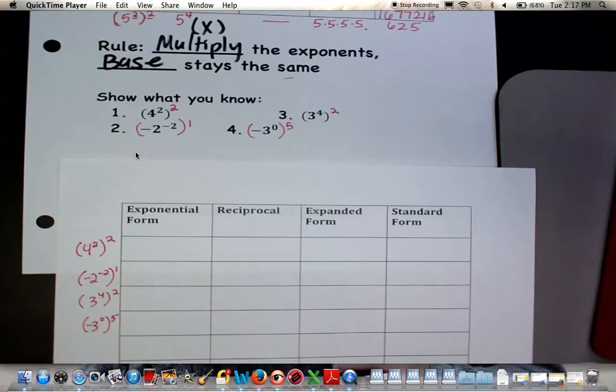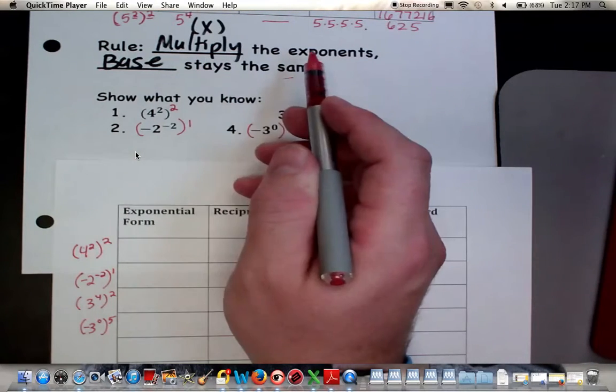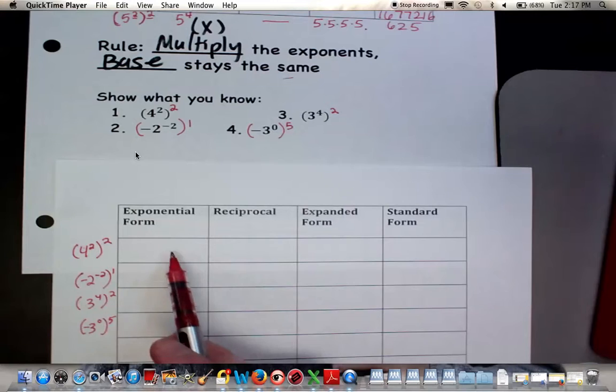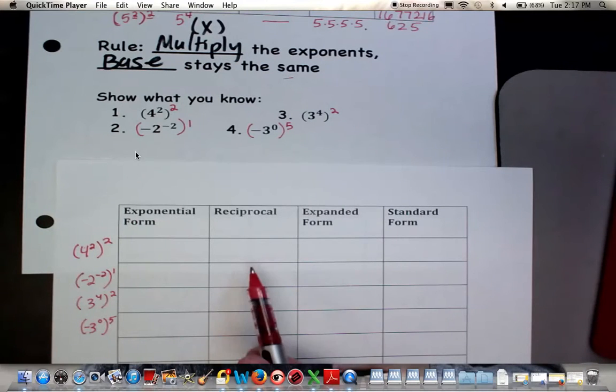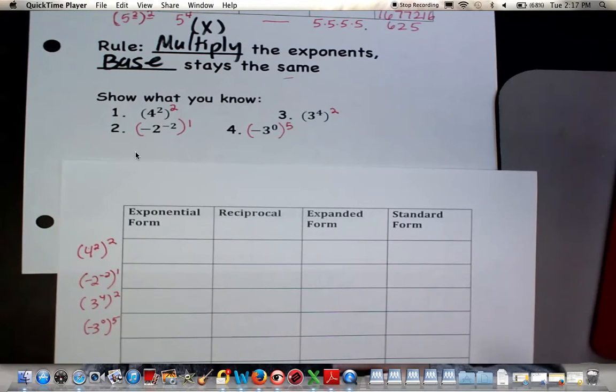Follow what it says. Multiply your exponents, the base stays the same. Get your exponential form. Take the reciprocal if it's negative. Expand it and give me the standard form. Then have me, Mr. O, check it and see what you've done and maybe make any corrections.